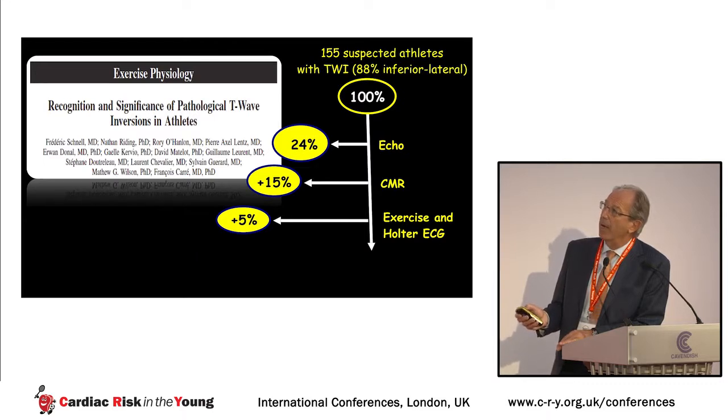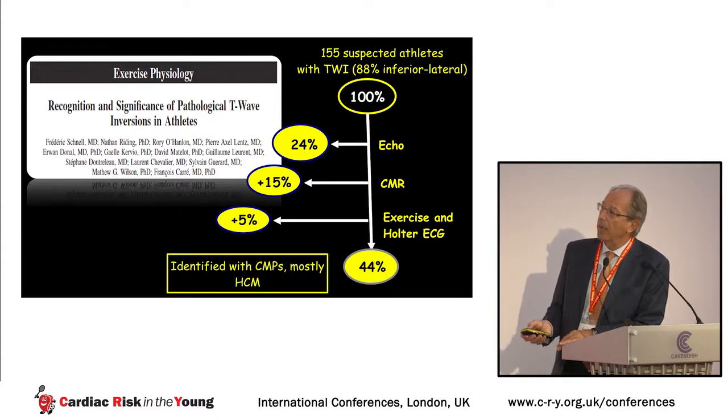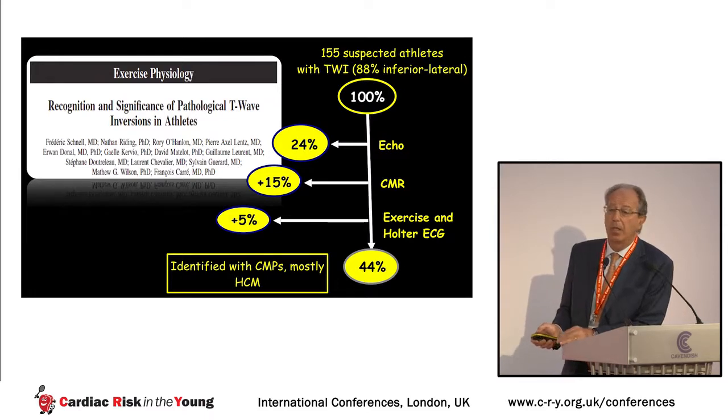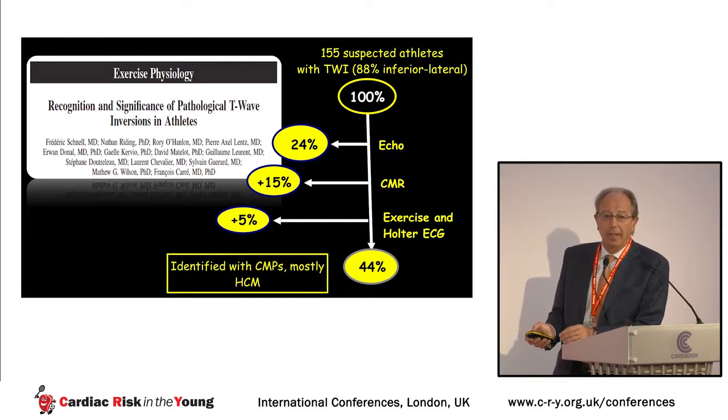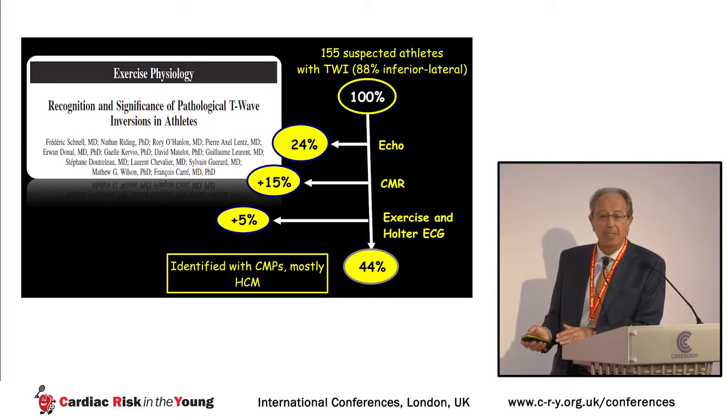With the cardiac MRI, they were able to add plus 15% of diagnosis, in most cases hypertrophic cardiomyopathy. So, diagnosis of underlying cardiac disease is possible and should be done by imaging testing.